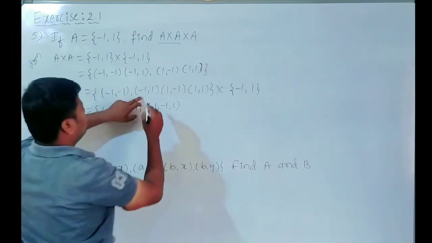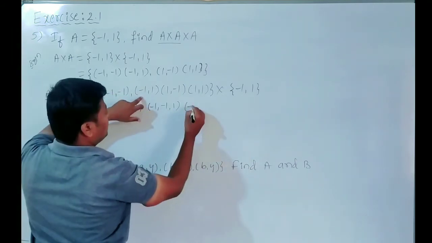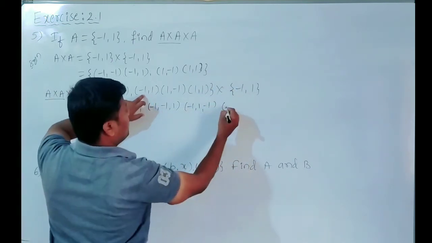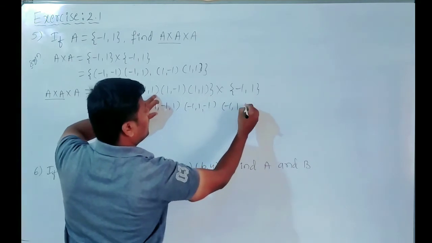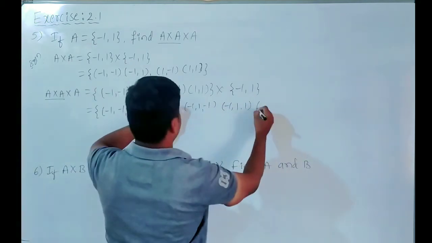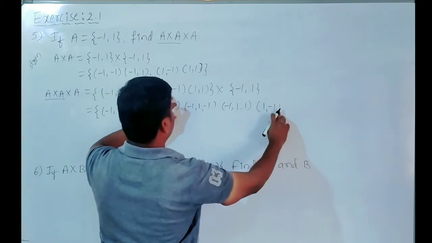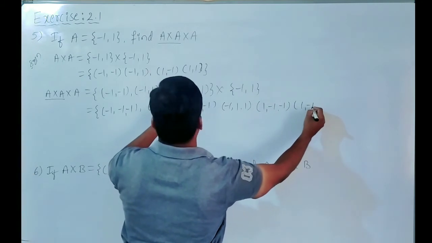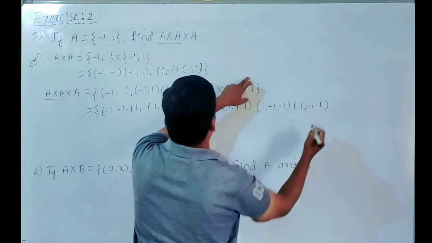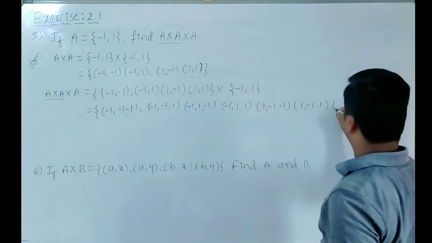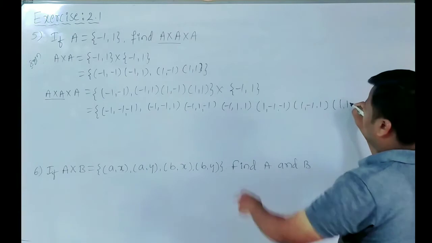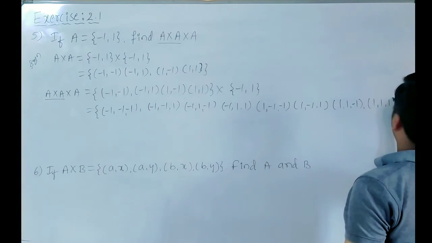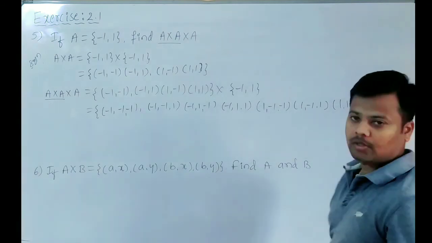Clear? Next fix (-1, 1): (-1, 1, -1), (-1, 1, 1). Next (1, -1): (1, -1, -1), (1, -1, 1). Next fix (1, 1): (1, 1, -1), (1, 1, 1). So this is A cross A cross A.